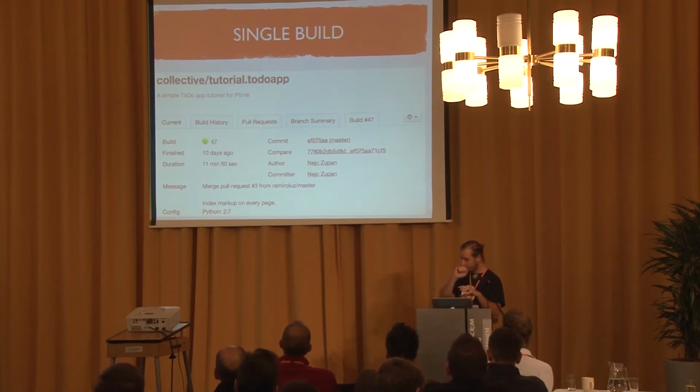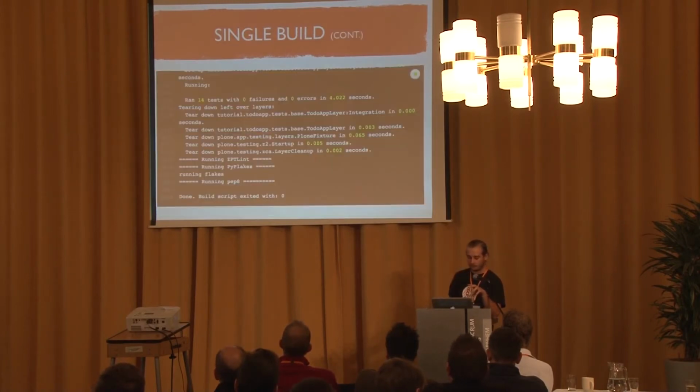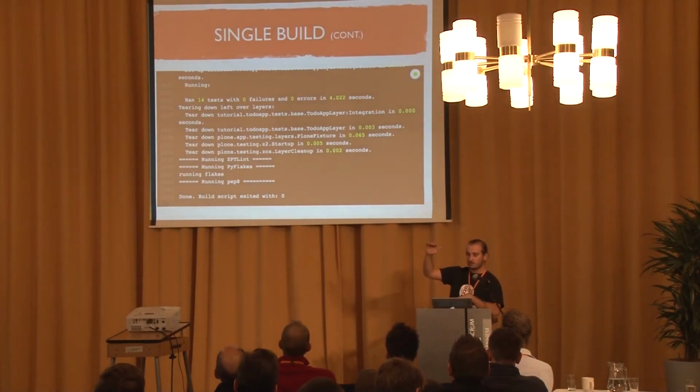And then on a single build, if you scroll down, you get the full console log. At the end of your console log, normally you have your test output, and if you also do syntax checks, those are going to be there.